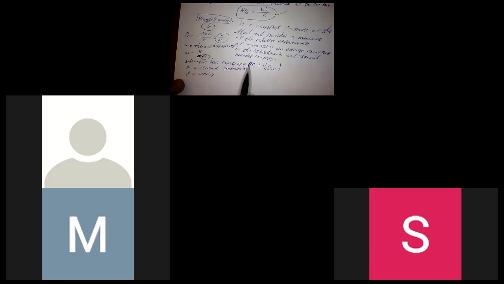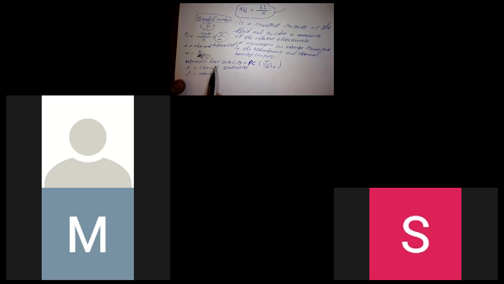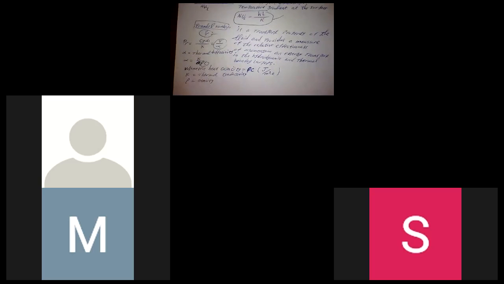The product of the two parameters, rho and c, is called the volumetric heat capacity, and you can look that up for the Prandtl number in the appendices.